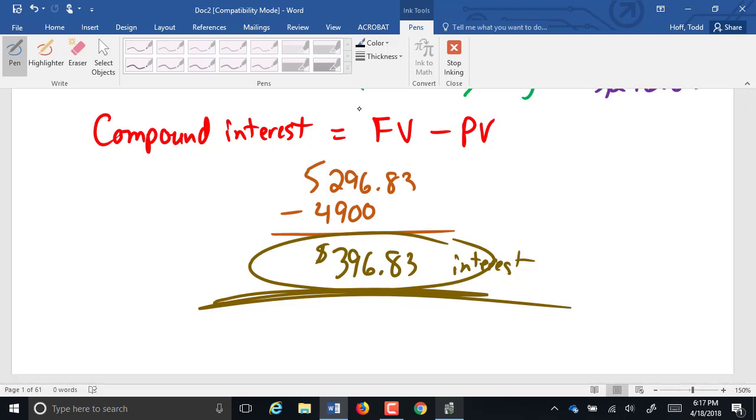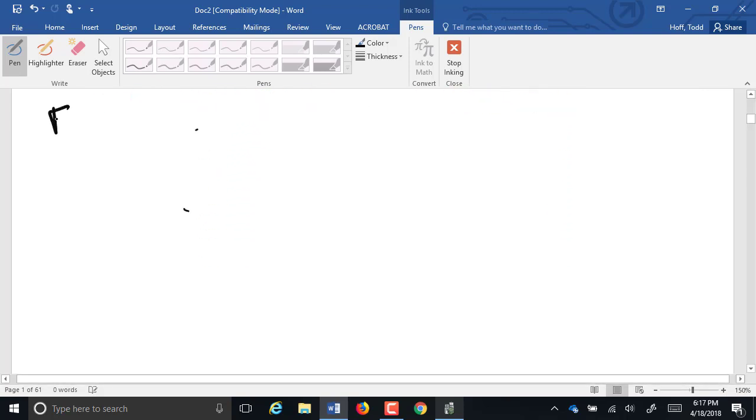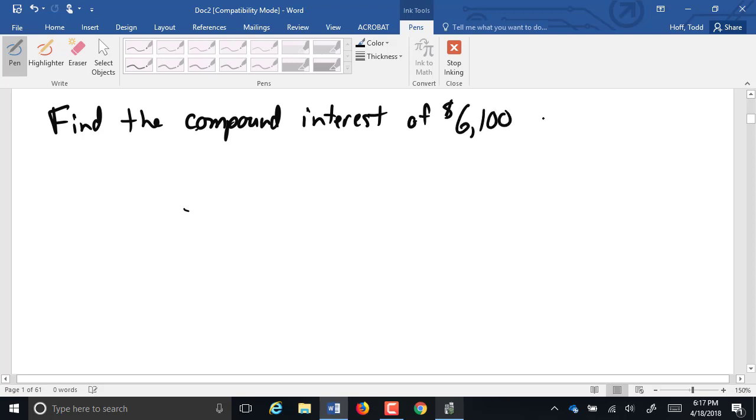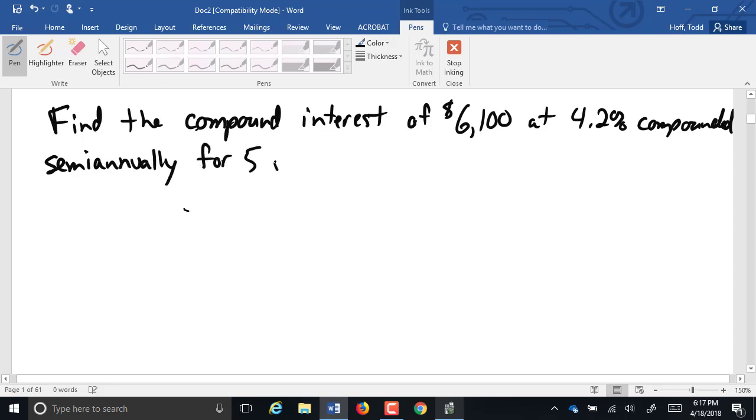Time for you guys to try one. Find the compound interest on $6,100 at 4.2% compounded semi-annually for 5 years.